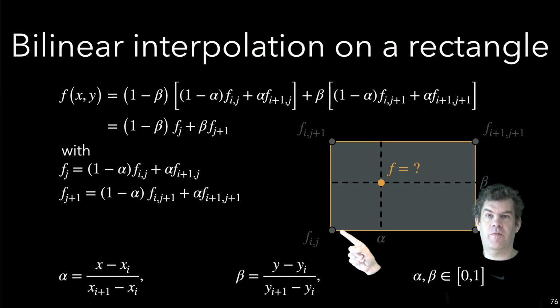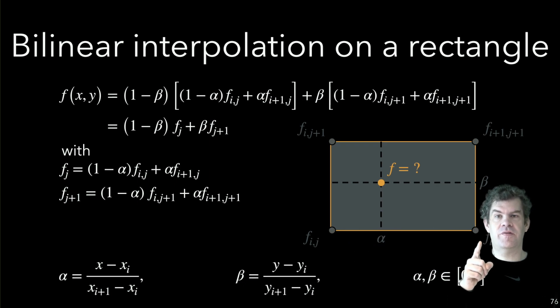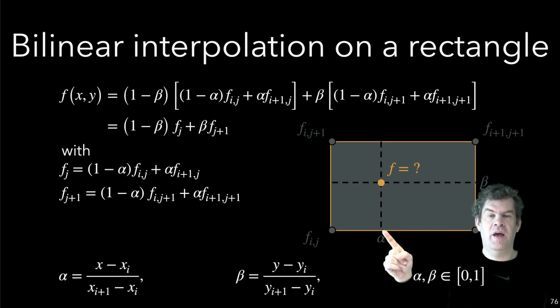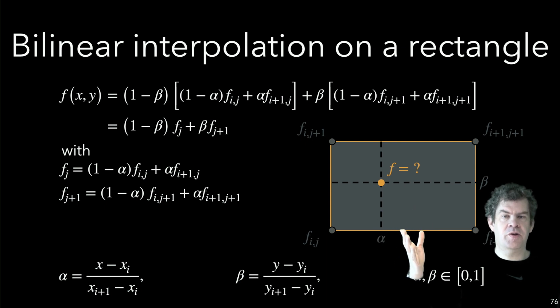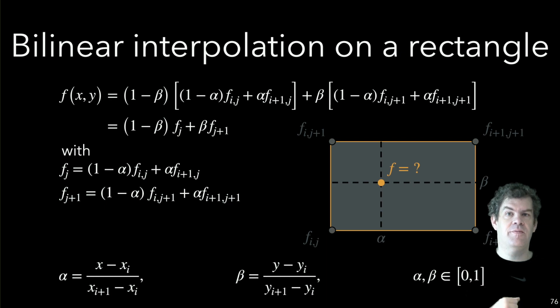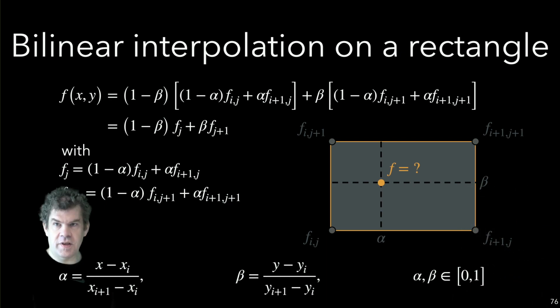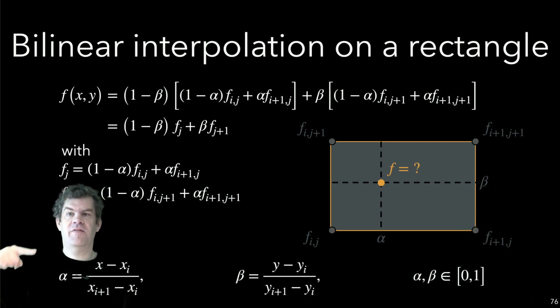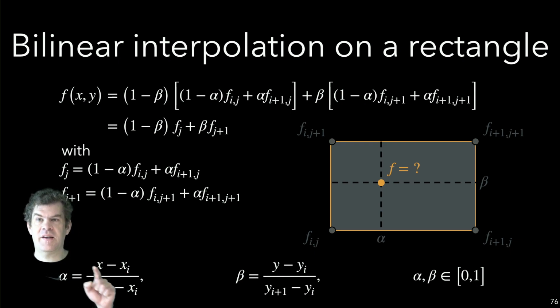This might be 4 and this might be 7. So I first have to take this x in between and normalize it to 0 and 1, which basically means subtract the starting point and divide by the length between these two, which is what you see here at the bottom. So my alpha is simply the x coordinate of the point in question, I subtract the starting point from that one and divide it by the distance.